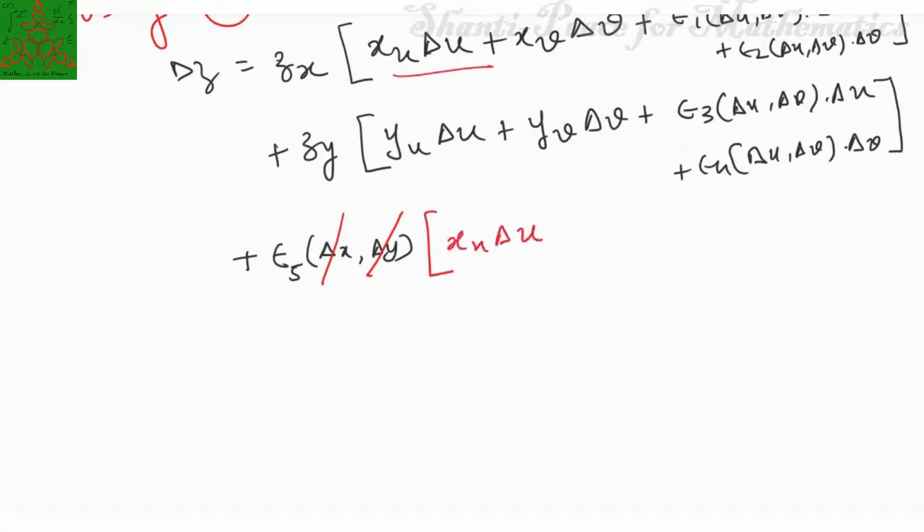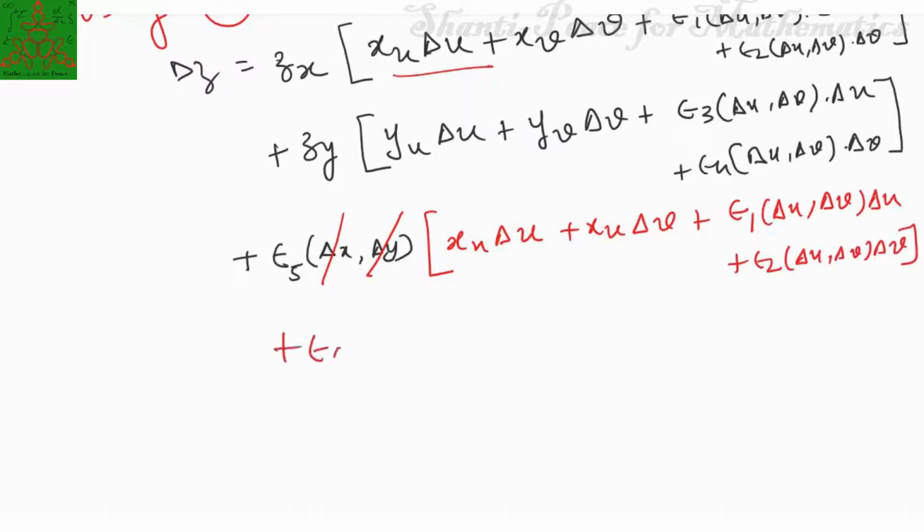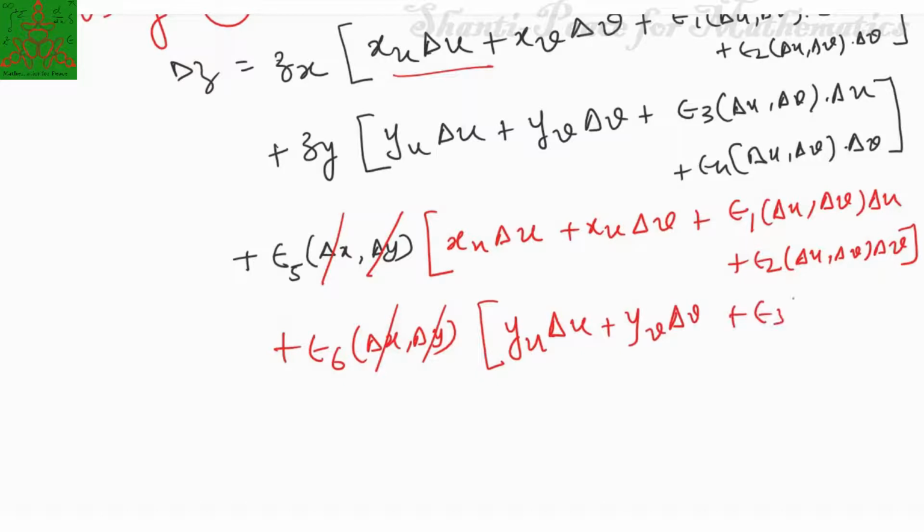So that is xu delta u, xv delta v, epsilon 1 delta u delta v into delta u plus epsilon 2 delta u delta v into delta v plus epsilon 6 delta x delta y. Here also we are doing the same thing, that is yu delta u, yv delta v plus epsilon 3 delta u delta v into delta u plus epsilon 4 delta u delta v into delta v.